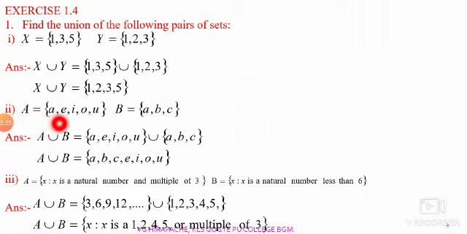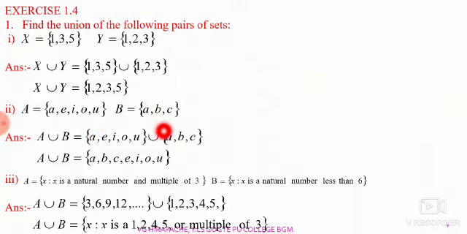A is equal to {a, e, i, o, u} and B is equal to {a, b, c}. We should find the union between these two sets. Therefore A union B is equal to, first set elements are {a, e, i, o, u} union {a, b, c}. As I told you, in the union the elements belong to A, or belong to B, or belong to both the sets.